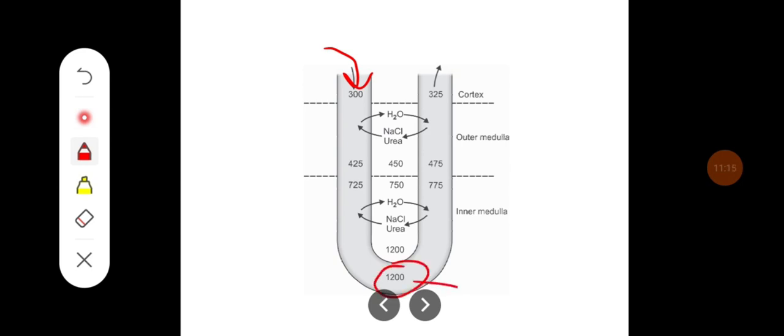By the time it reaches the tip of the loop, the concentration is around 1200, and while the blood is ascending in the vasa recta, again the sodium chloride and urea get reabsorbed, and water is going to enter inside because of the concentration gradient. Okay, and again the fluid becomes hypotonic.